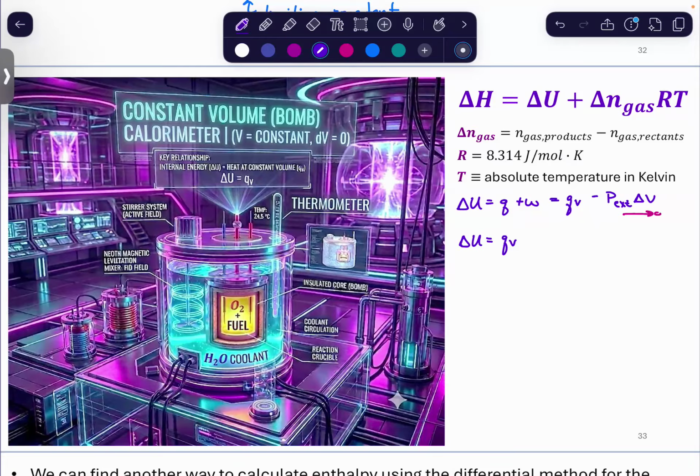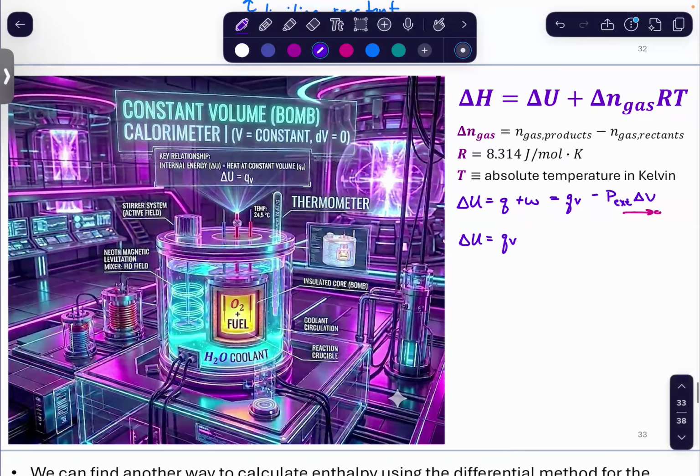And so, for a system at constant volume, we could make an adjustment.